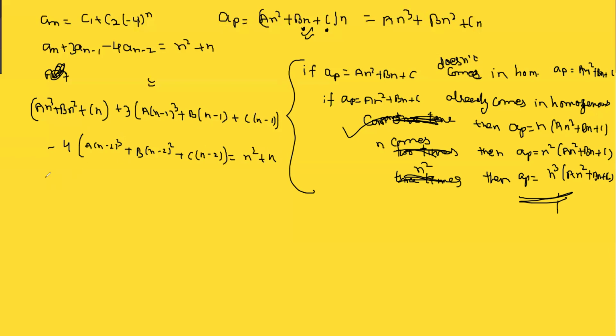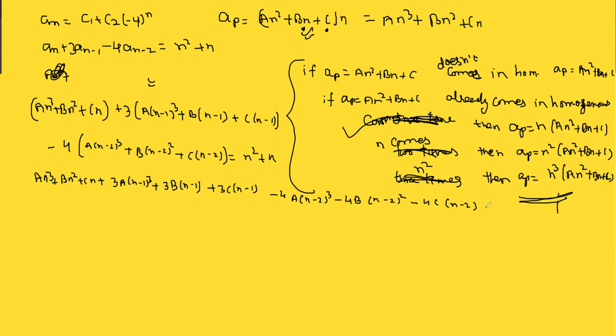Okay. Now open the bracket. A cube, 3a square b, 3ab square, right?